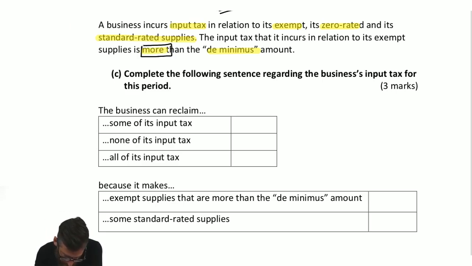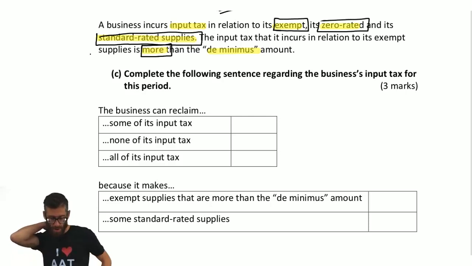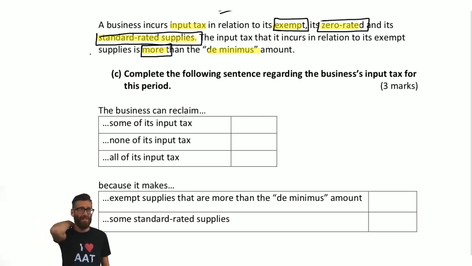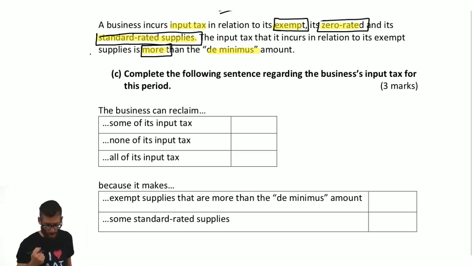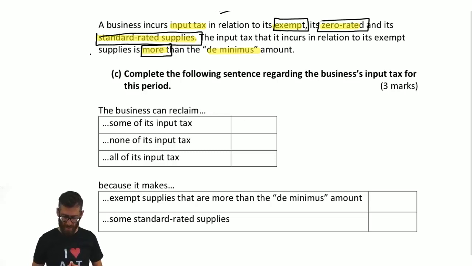And did you notice they have a variety? They have exempt, they have zero rated, and they have standard rated supplies. So what you've got to be clarifying here and what you need to be able to answer: complete the following sentence regarding the business's input tax for this period.